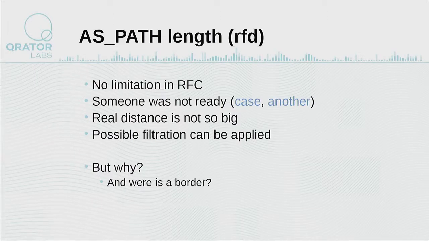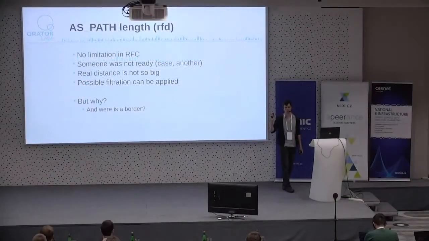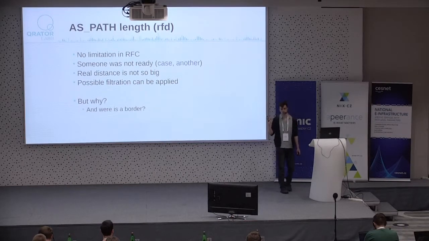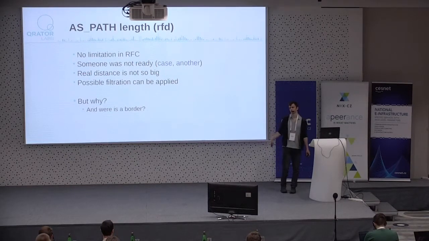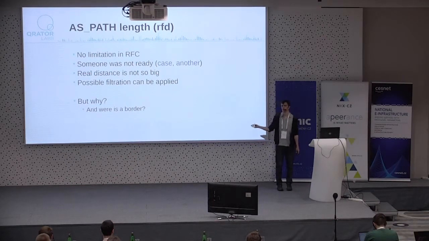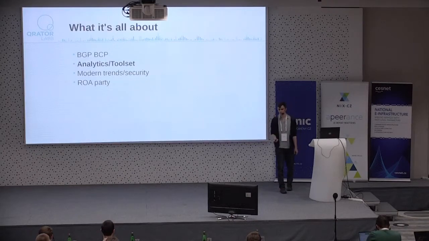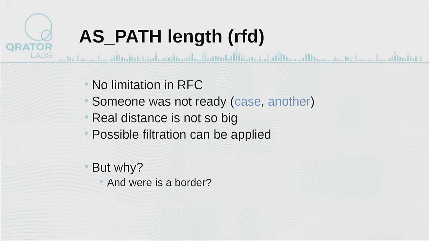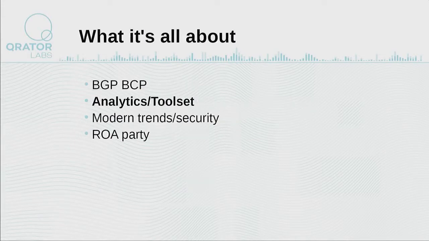The first case is about the famous 252 prepend policy. The second one is a Quagga bug that resulted in routers turning off, and it happened around half a year before. So the question is whether we need to make this policy a standard, and where to choose a border, and which border would be sufficient for this type of action.